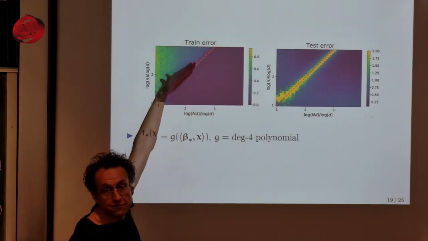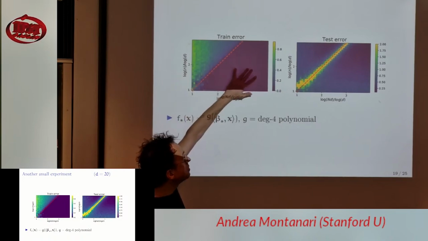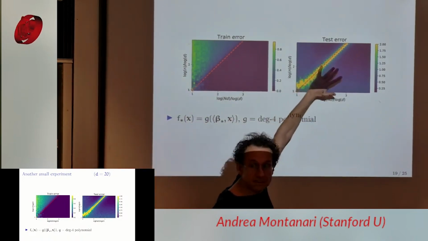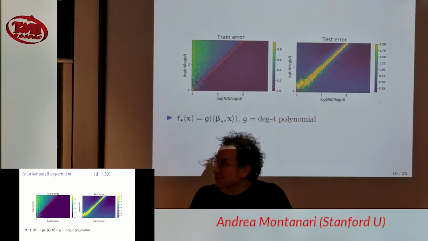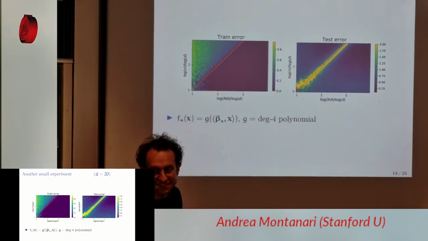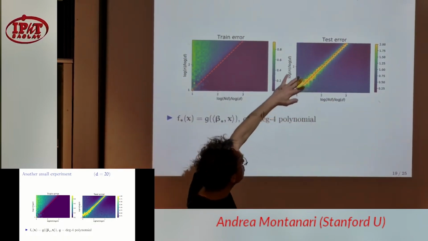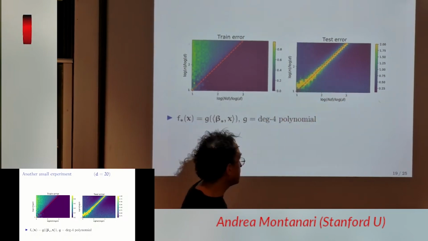So this is a kind of phase transition at which the train error goes to 0. And the test error is kind of symmetric on this thing. Of course, it's very difficult to see this staircase behavior at finite size. We didn't do large enough simulations, but you see very clearly the spike at the interpolation.